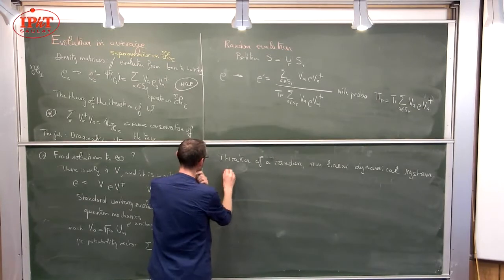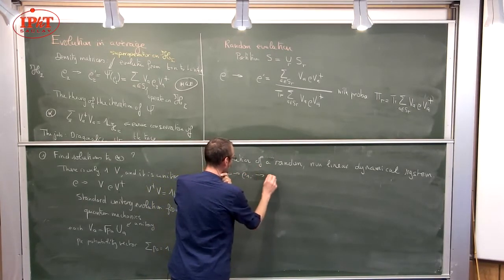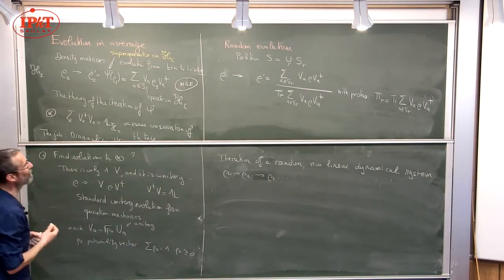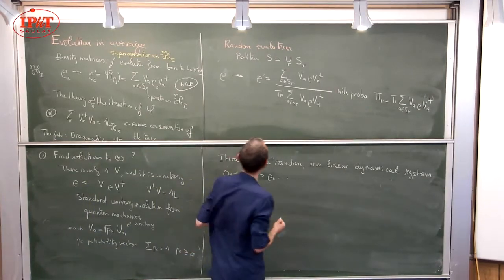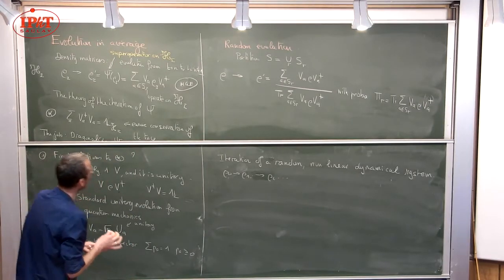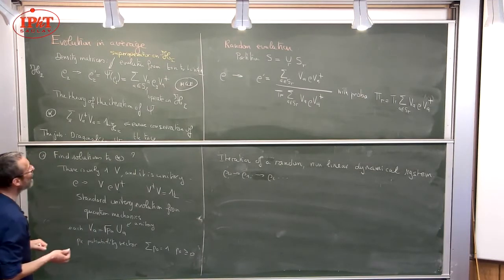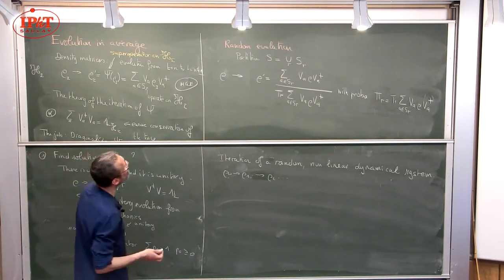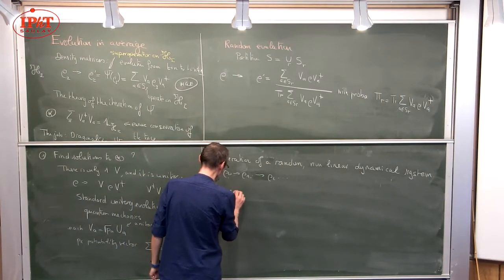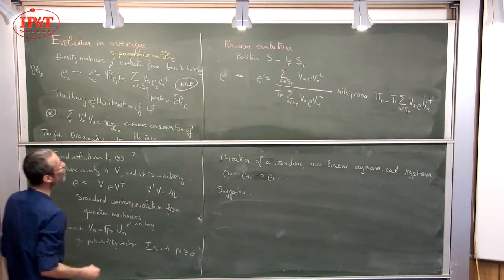So you have rho 0 goes to rho 1, then rho 2, and so on, but all this is random because it happens with a certain probability. I suggest you play this game, as an exercise or suggestion: just put this on the computer.